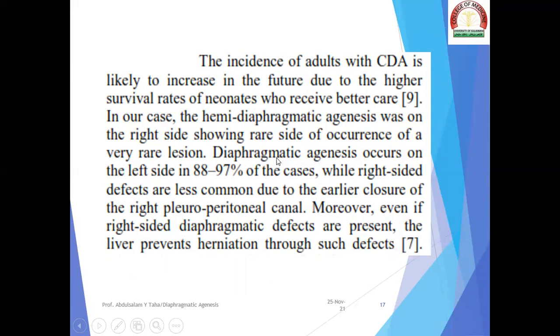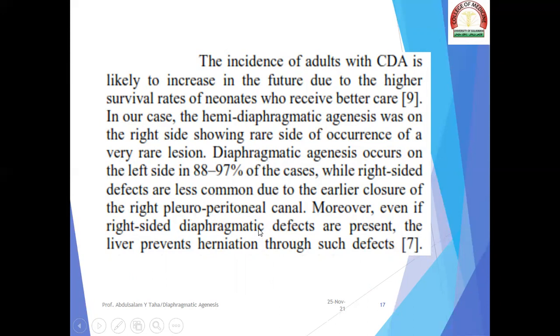Diaphragmatic agenesis occurs on the left side in 88 to 97% of the cases, while right-sided defects are less common due to the earlier closure of the right pleuro-peritoneal canal.